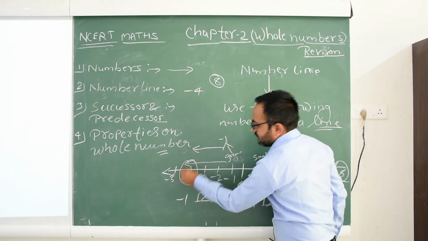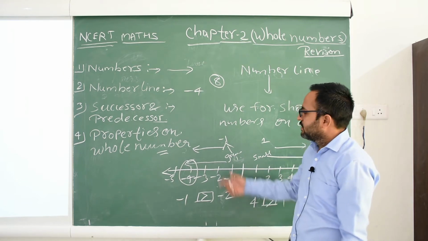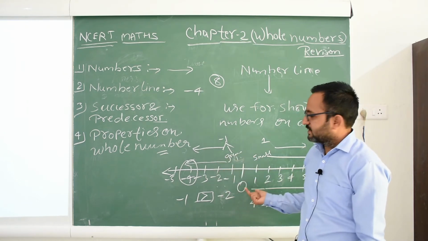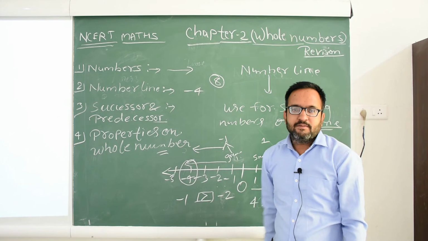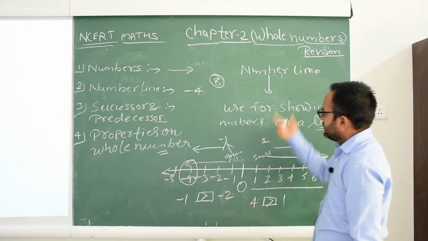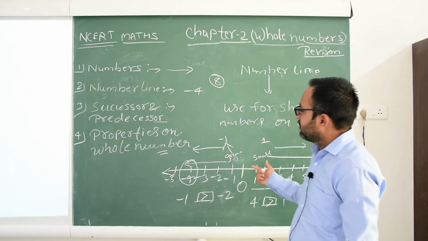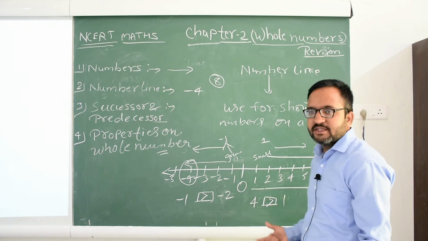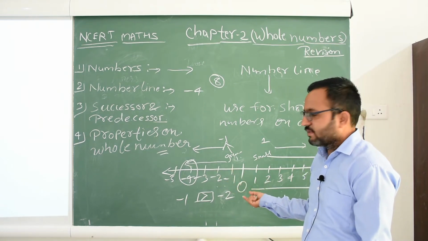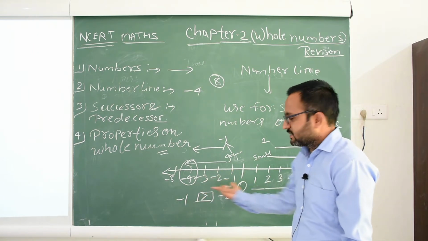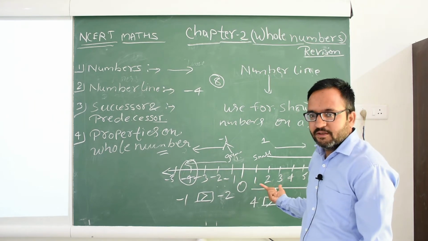This is your minus 4. This is the method to represent any number on the number line. This side is negative numbers, and this side is positive numbers.